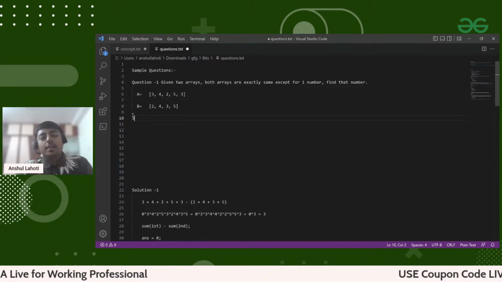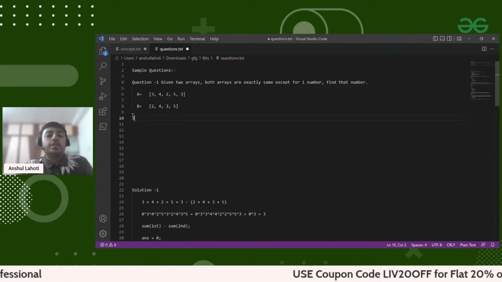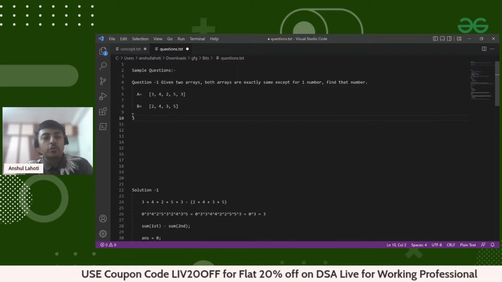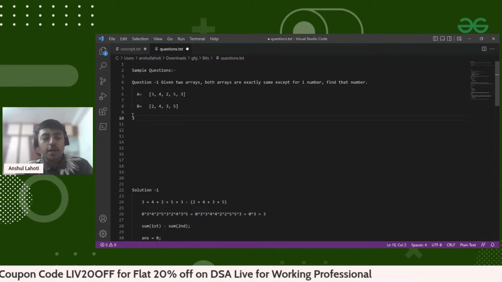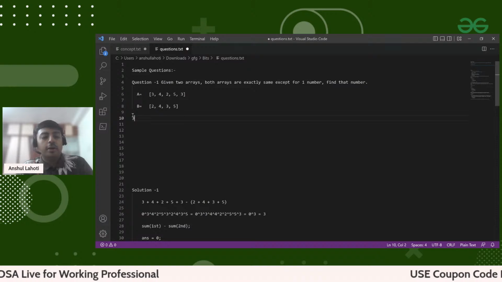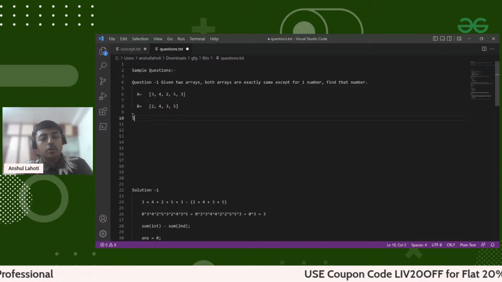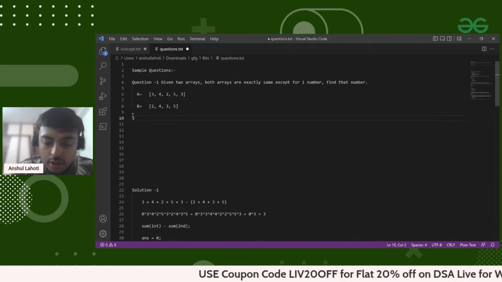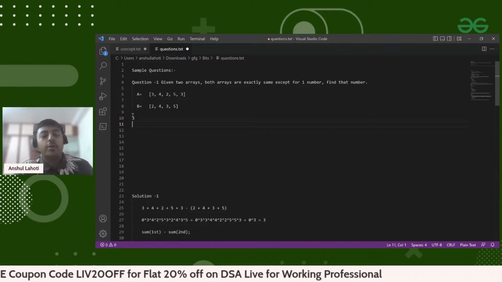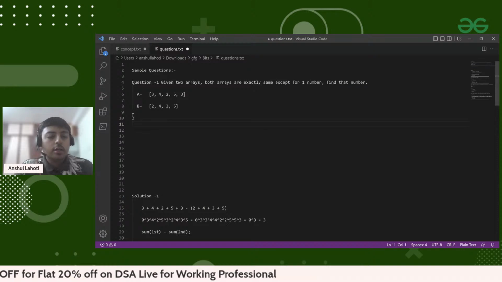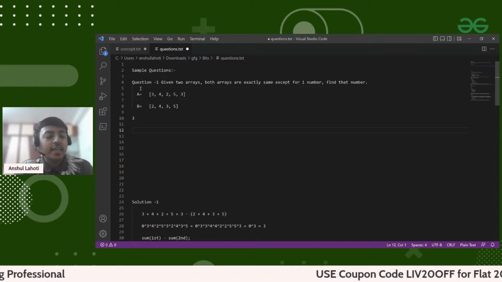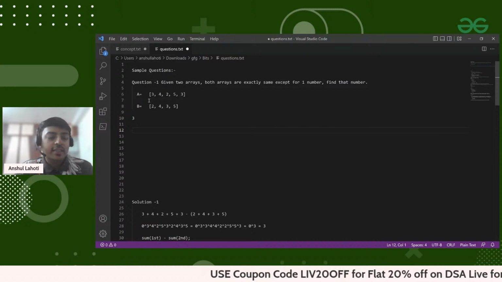There are many approaches to solve this question. The topic is bitwise, but you don't have to think that you must use the bitwise operator. You can solve this question in many ways. First I will tell you the naive approach: we take the sum of all the numbers in array A and the sum of all the numbers in array B, and subtract them.